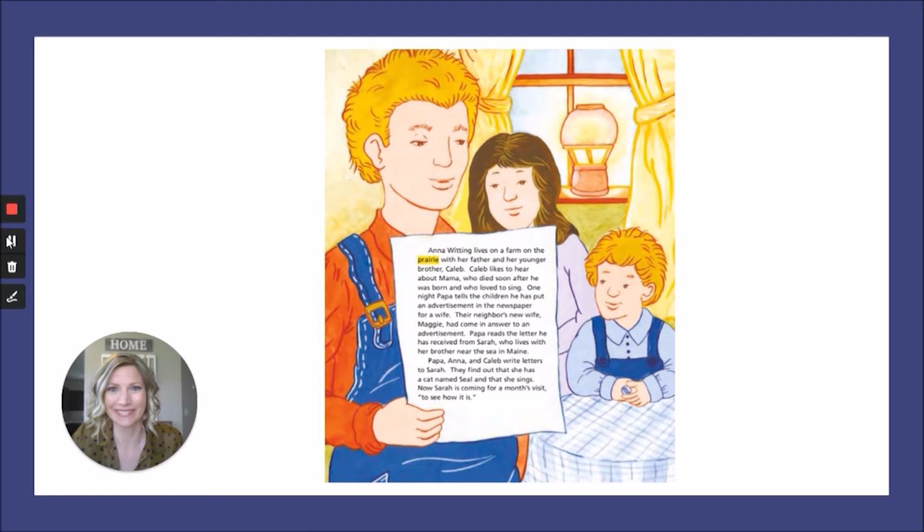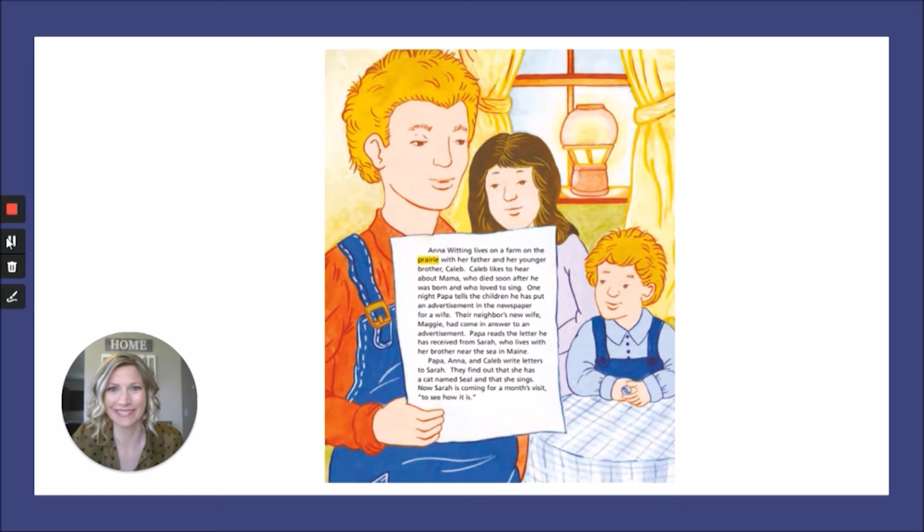Anna Whitting lives on a farm on the prairie with her father and her younger brother, Caleb. Caleb likes to hear about Mama, who died soon after he was born and who loved to sing. One night, Papa tells the children he has put an advertisement in the newspaper for a wife. Their neighbor's new wife, Maggie, had come in answer to an advertisement.